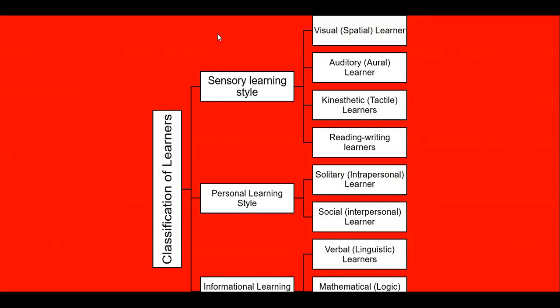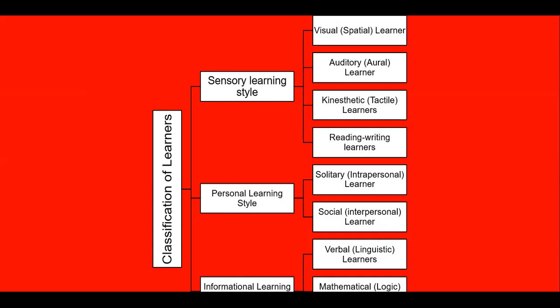Looking at the classification, learners are classified based on 3 features. The first is sensory learning style, second is personal learning style, and the third is informational learning style. So learners are classified based on 3 different categories of learning styles.